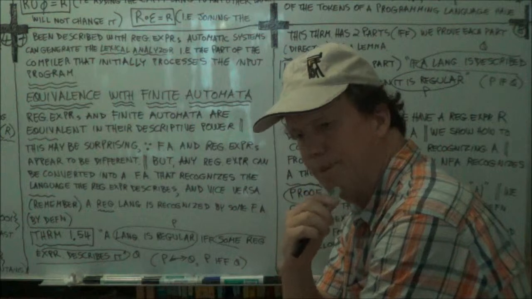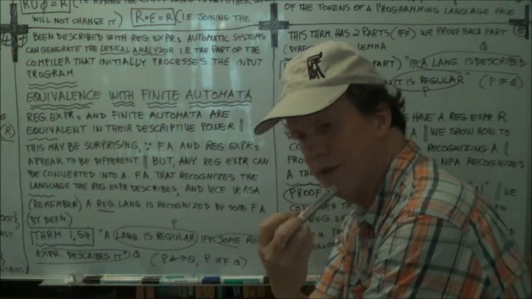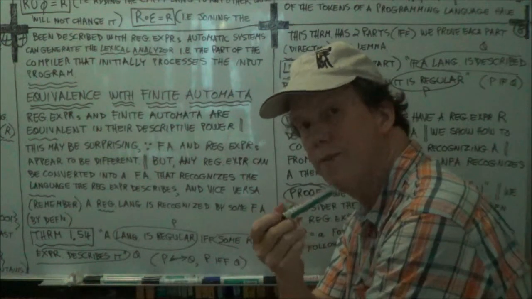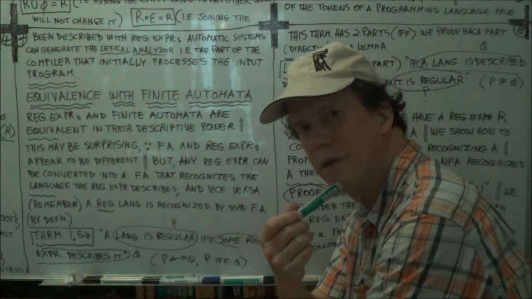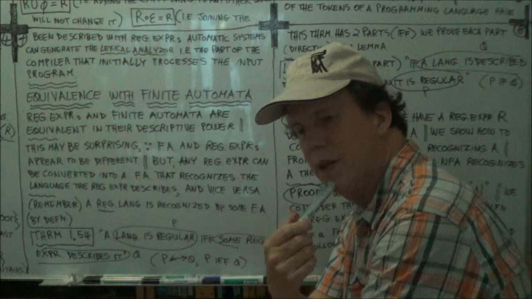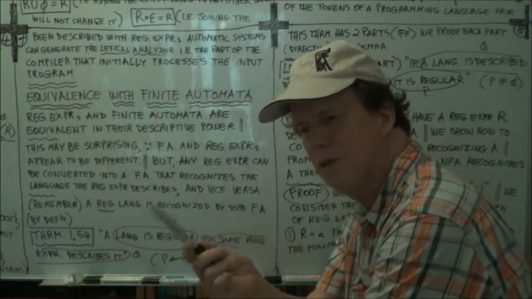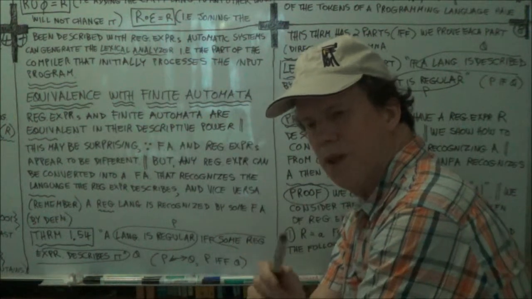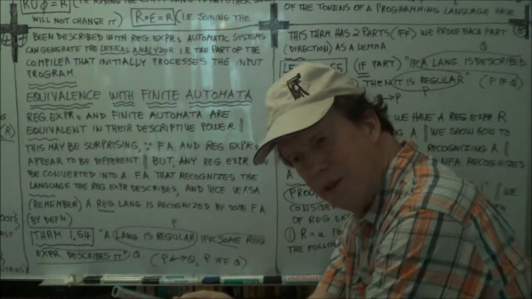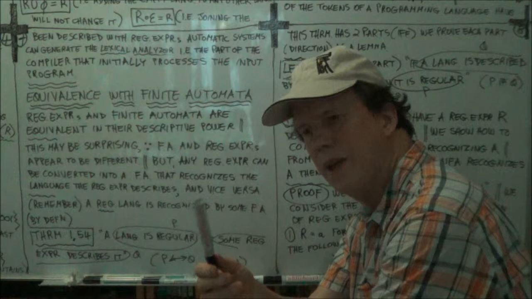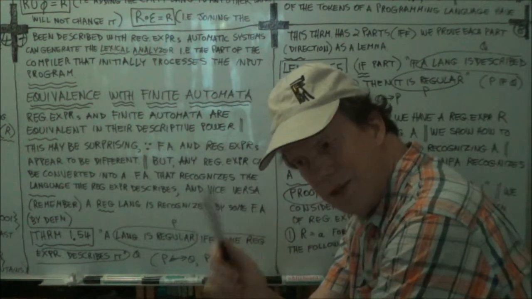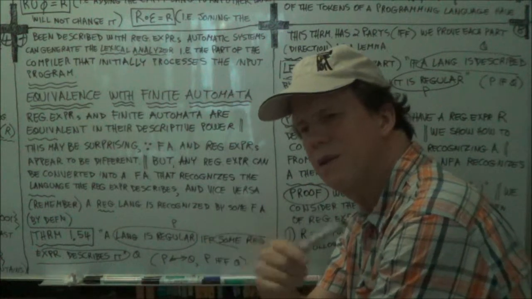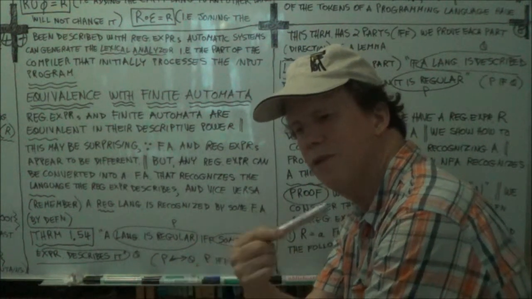Now, if that set of strings is recognized by a finite automaton, an FA, then intuitively you think, isn't the regular expression that generates or describes that language, which is recognized by that automaton, somehow equivalent to the finite automaton?